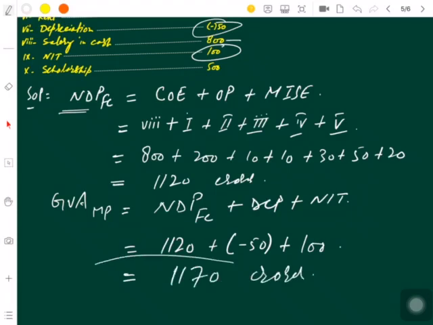So dear students, we are done with the calculation of NDP at FC and GVA at MP or GDP at MP. It is one and the same thing.